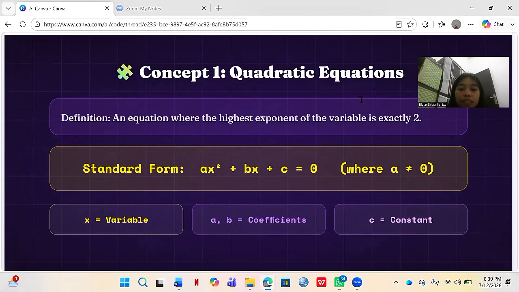The standard form is ax squared plus bx plus c equals 0, where a must not equal 0. Here x is our variable, a and b are coefficients, and c is the constant.